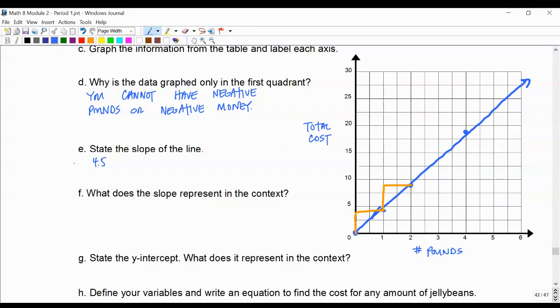Feel free to pause the video if you need to go back and see what I just marked up in the table. All right, and the slope represents that it costs $4.50 per pound of jelly beans.